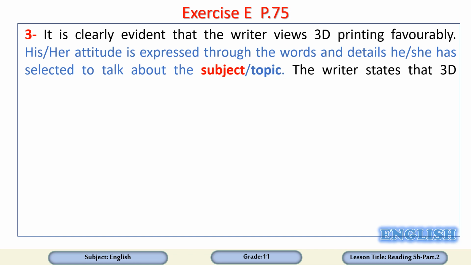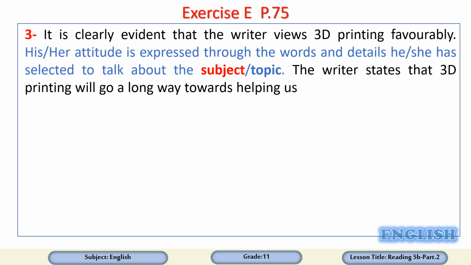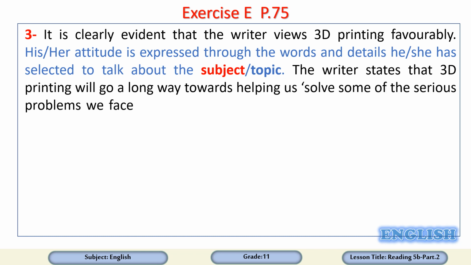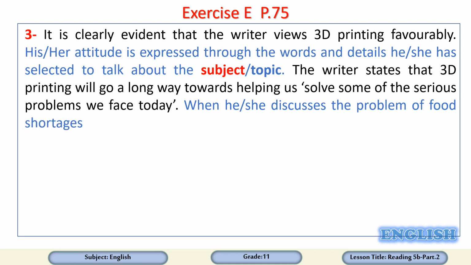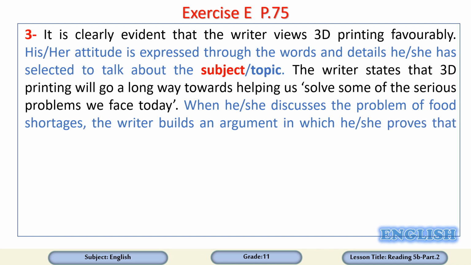The writer states that printing will go a long way towards helping us solve some of the serious problems we face today. When he or she discusses the problem of food shortages, the writer builds an argument in which he or she proves that 3D printing will help us solve this problem.